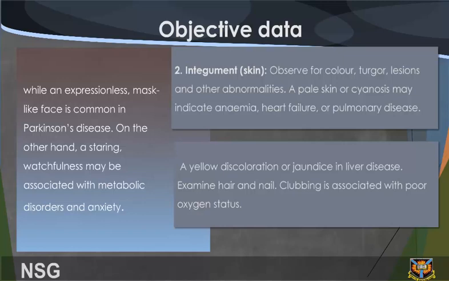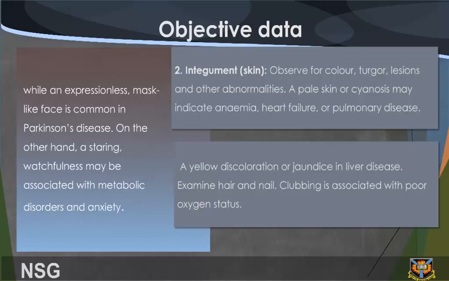2. Integument, skin. Observe for color, turgor, lesions, and other abnormalities. A pale skin or cyanosis may indicate anemia, heart failure, or pulmonary disease. A yellow discoloration or jaundice in liver disease.